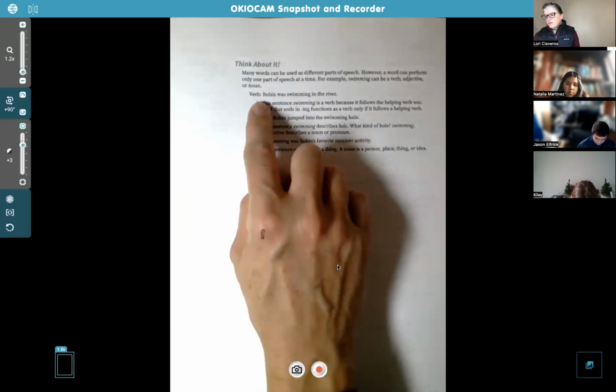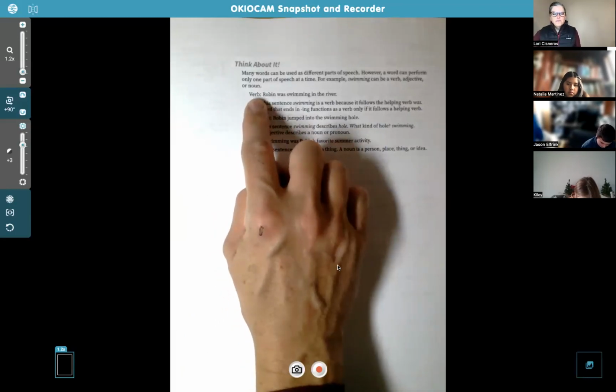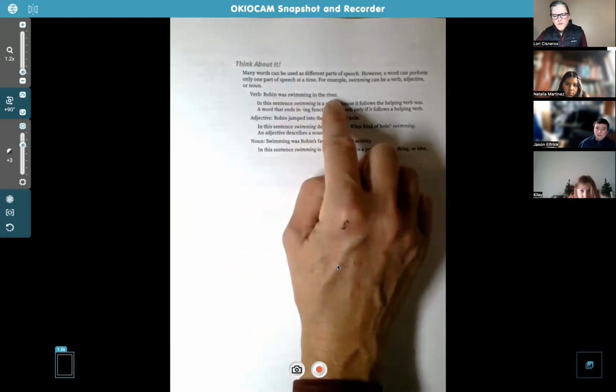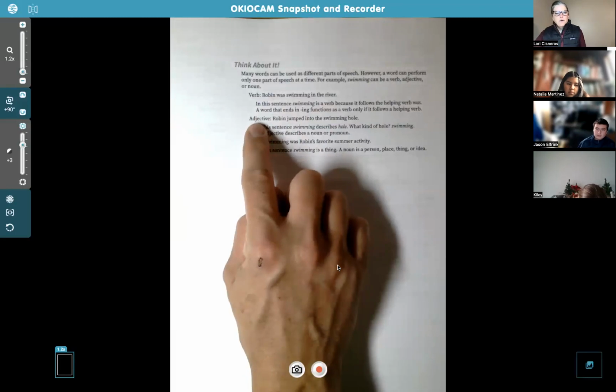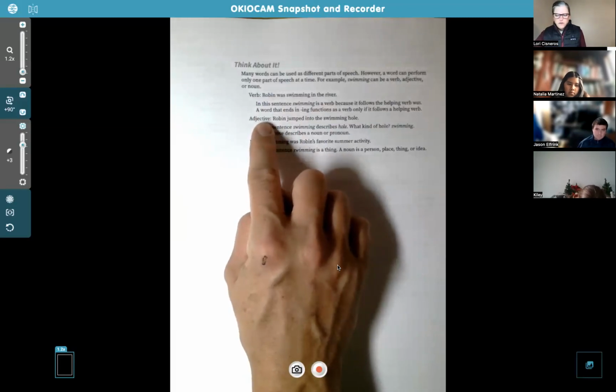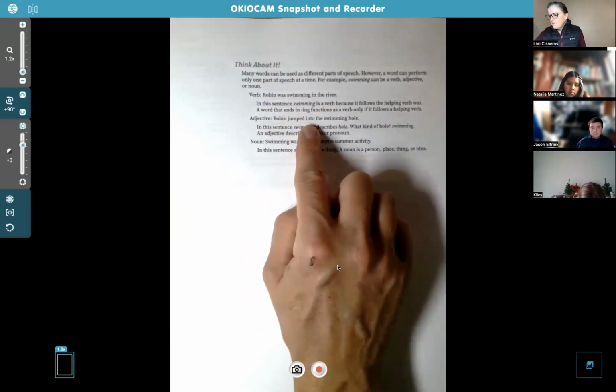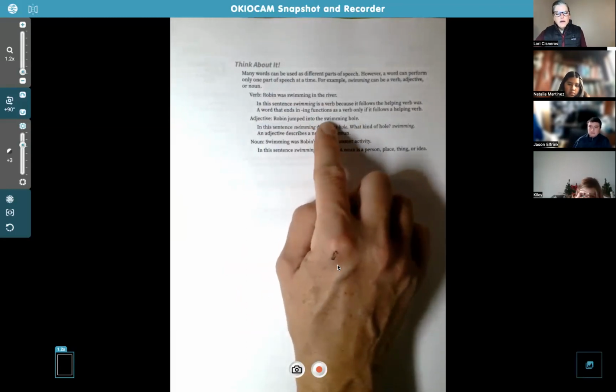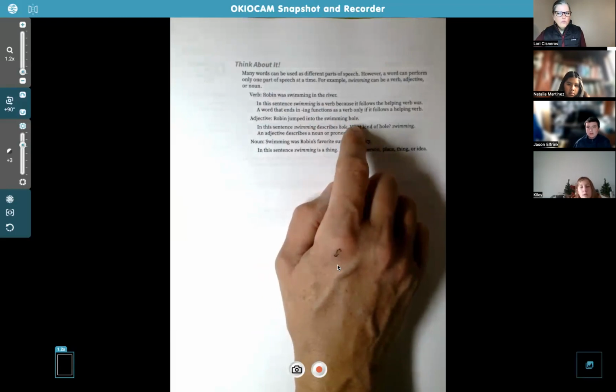So look at these examples here, right here where it says verb. This one's the easiest one to spot. Robin was swimming in the river. Obviously, it's an action. It's what he's doing. Look at this next part here where it says adjective. Now it says Robin jumped into the swimming hole. Now the swimming is describing the hole, which is a noun.